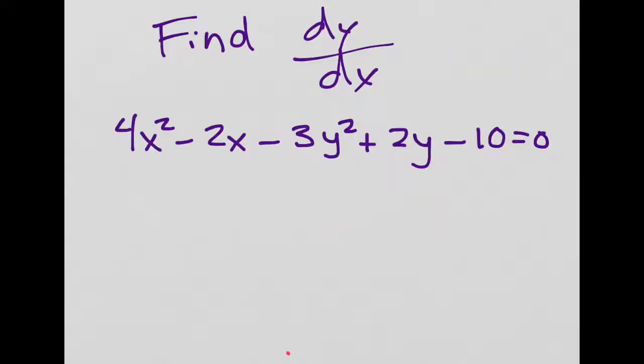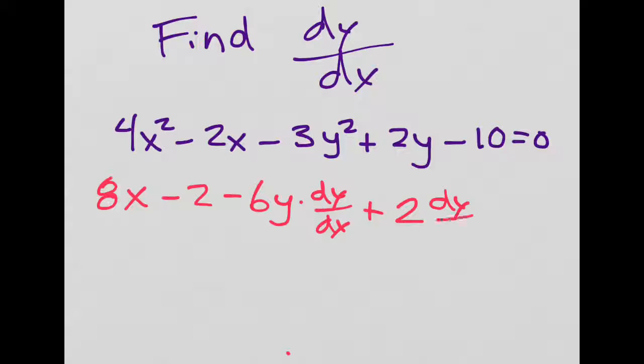Okay, so let's go ahead and differentiate all the pieces of this function with respect to x. So 4x squared will become 2 times 4 is 8x, minus 2x becomes 2, minus 3y squared is going to become 6y times dy/dx, plus 2y is going to become 2 dy/dx.